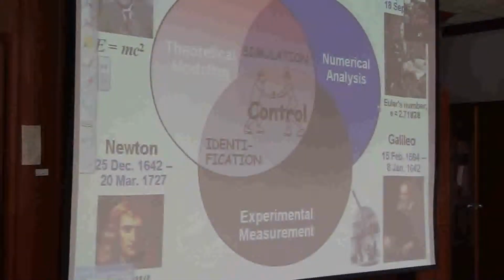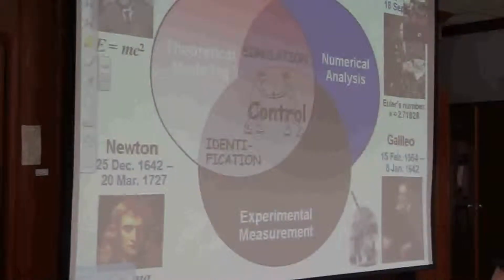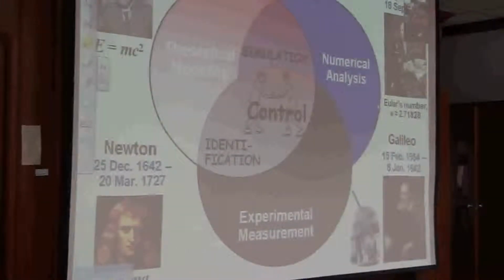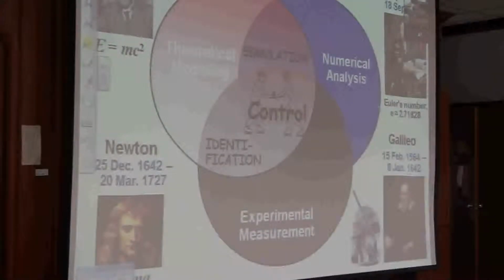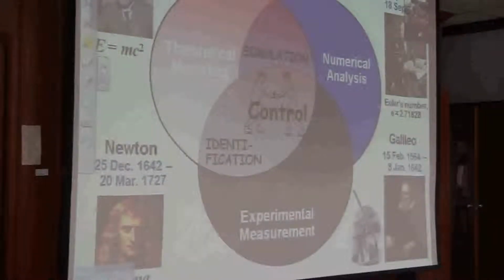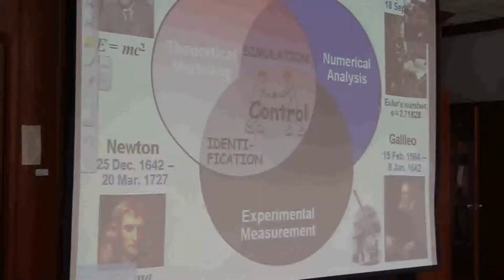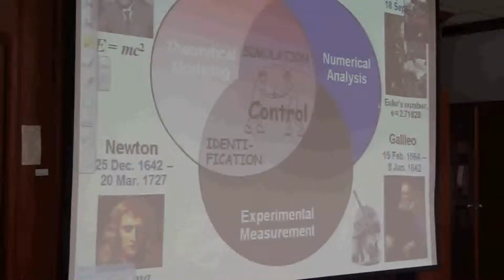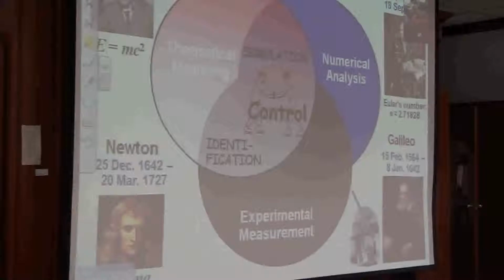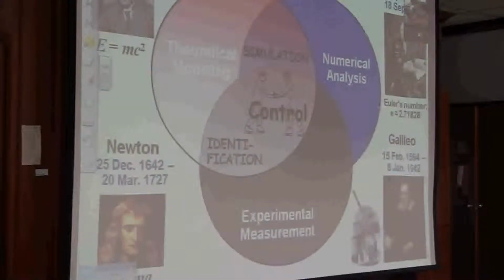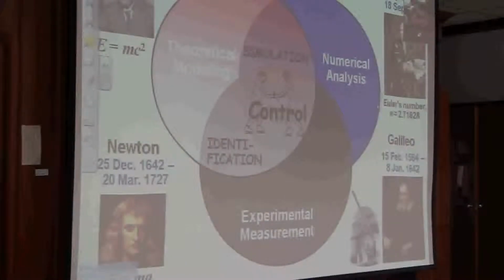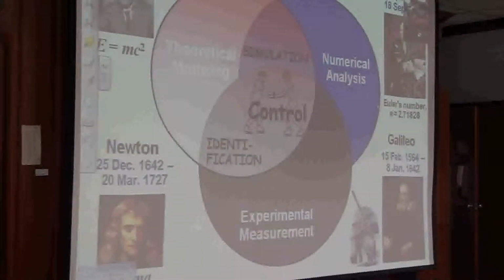They all contributed to this field since they are all either theoretical or numerical people who had great contribution in these areas. Okay, so that was a very general introduction to the topic itself. Let's look at the next slide.